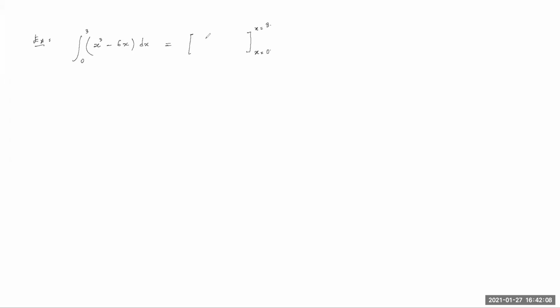Can you guess an antiderivative? We can also do it here separately, because antiderivatives are new too. Everything is new, but it's easy. You can just practice. So let's do it here in parallel. What about an antiderivative of x cubed minus 6x dx?